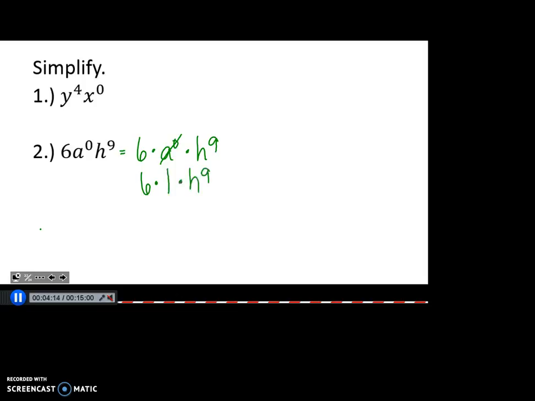And h to the 9th power is going to be brought down into my answer. Then guys, if there is anything that you can evaluate or anything you could type into your calculator, for instance, I know that 6 times 1 is 6. So I can simplify that even more so that my final answer is 6h to the 9th.